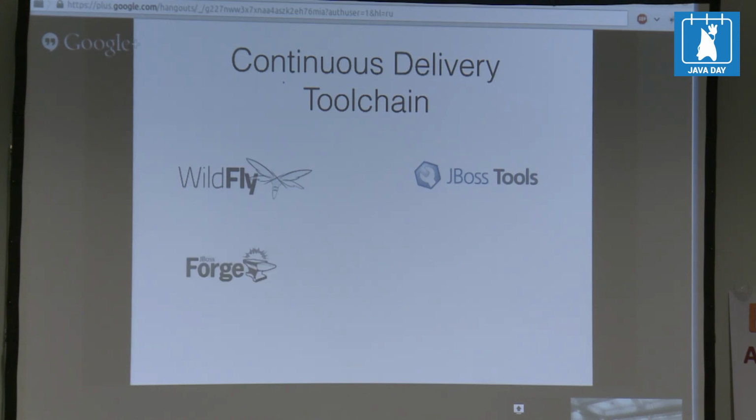We'll talk briefly about JBoss Forge, how it automates repeated tasks. We'll talk about OpenShift, how that provides your repeatable, reliable processes, version control, and things like that. And last but not least, testing is a very critical part of all of this, so we'll talk about Arquillian. Together, these are your essential tools for a Java EE continuous delivery toolchain.